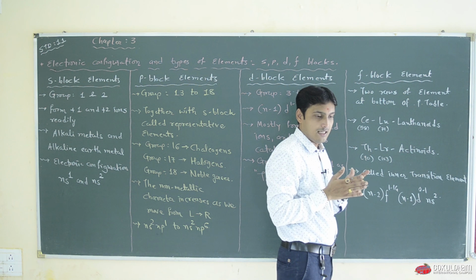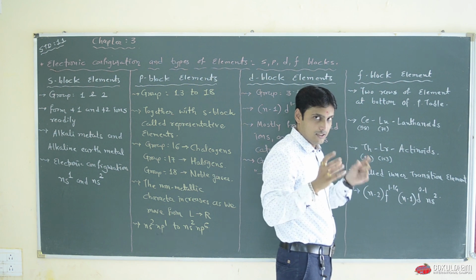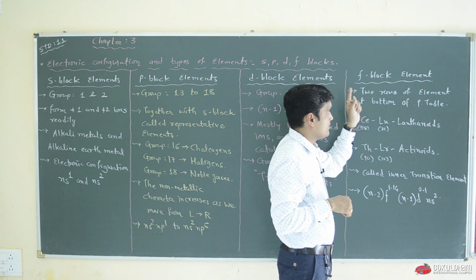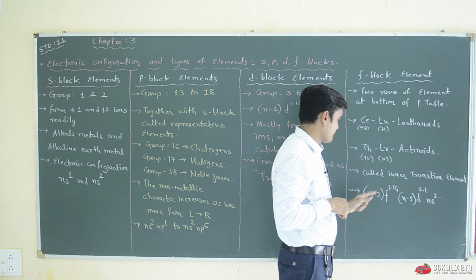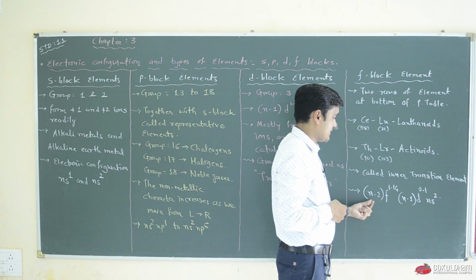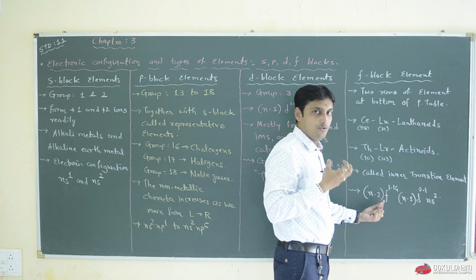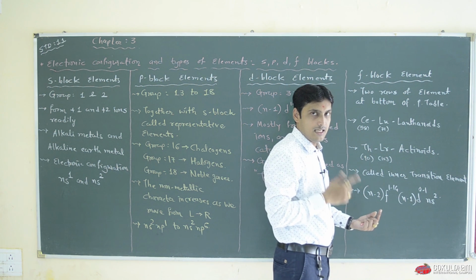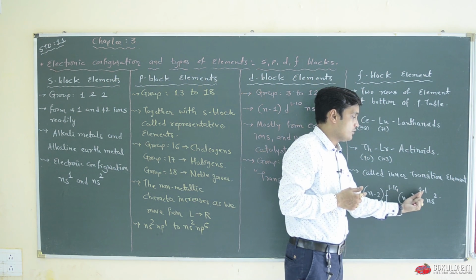Inner means they are bounded by two elements. In between these two elements, these two rows are present but represented at the bottom of the periodic table. The common electronic configuration is (n-2)f1 to 14, meaning you can add 1 electron to 14 electrons in the f orbital, and (n-1)d0 to 1.